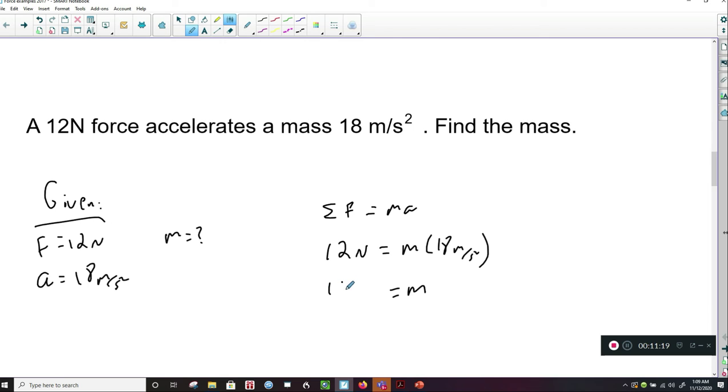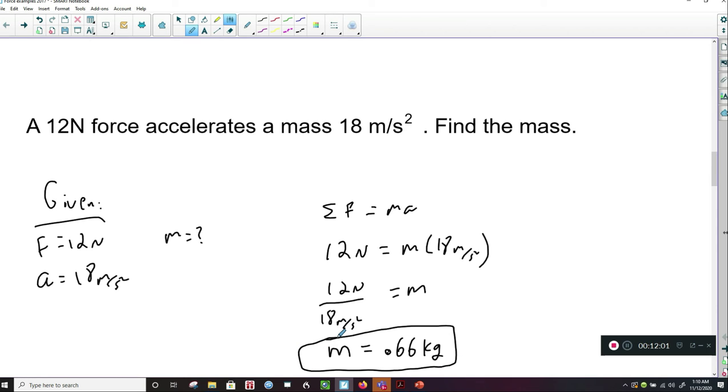So m is 12 newtons over 18 meters per second squared. So that makes my m 0.66, I believe. Just double check. 0.66 kilograms. Okay.